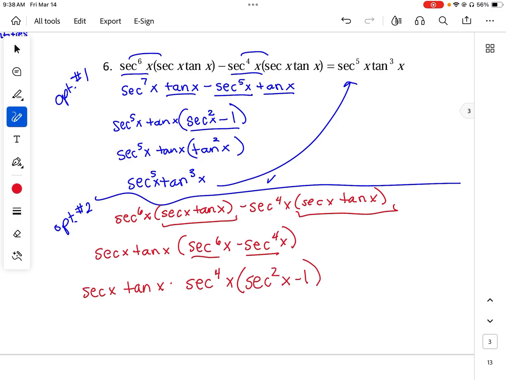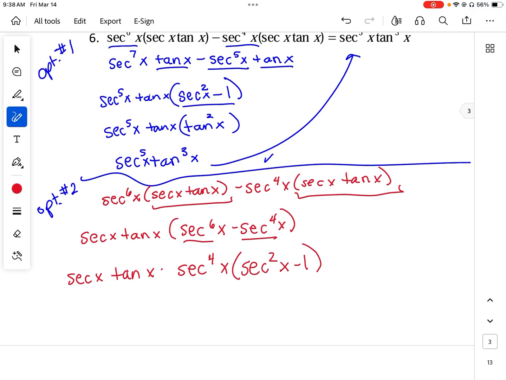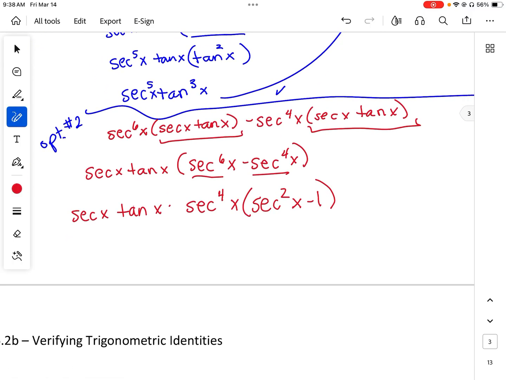So that would leave me with secant squared x minus 1. Okay. So then I'd go ahead and simplify that because I'm multiplying. So whenever you multiply, you can just add your exponents. So secant to the 5th x tan x.